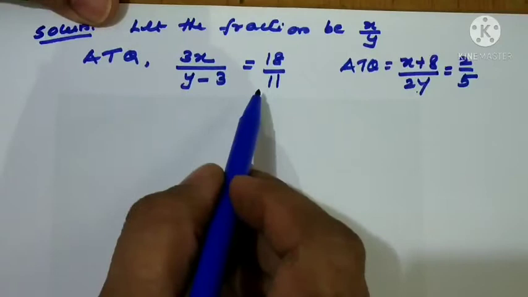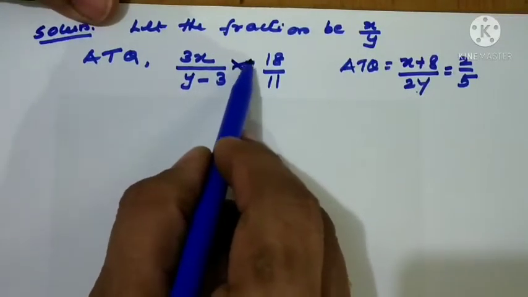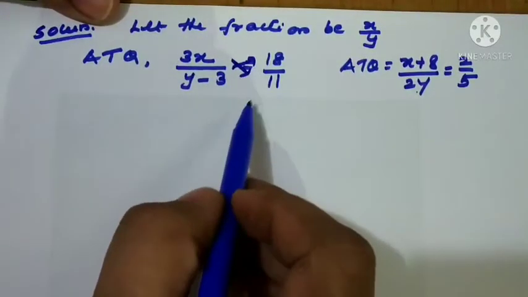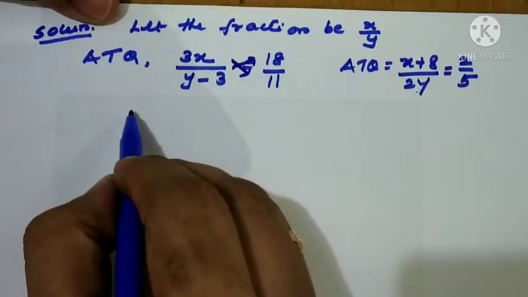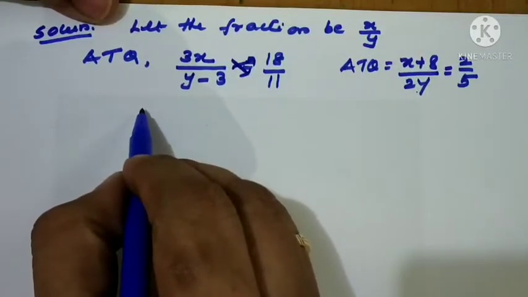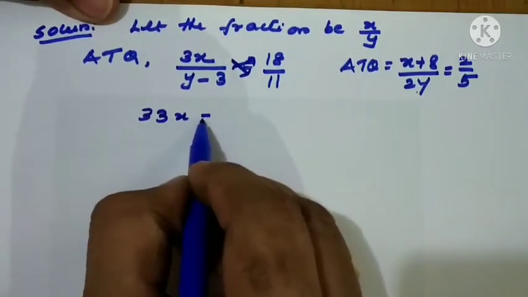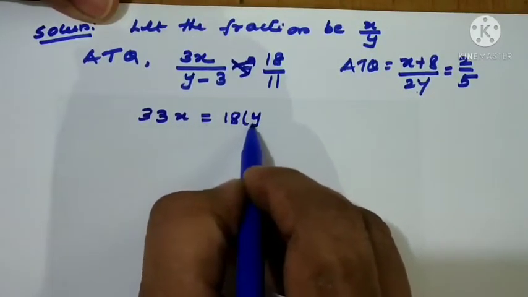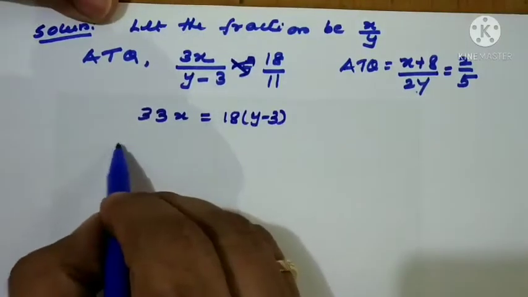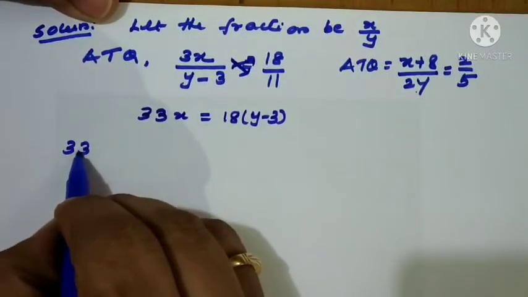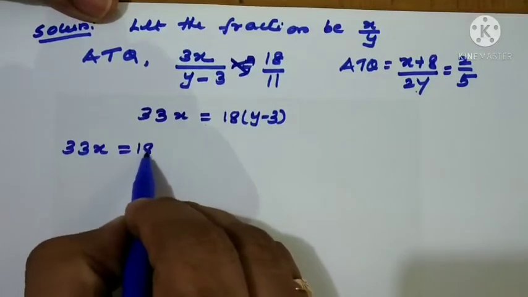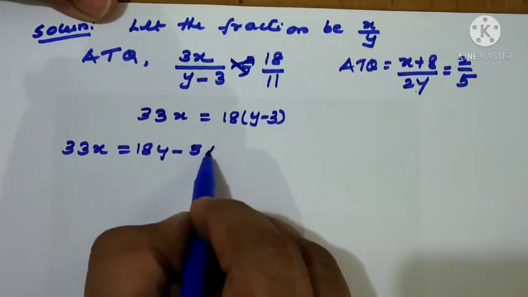So 3x into 11, cross multiplication method: 33x equal to 18 into y minus 3. That means on this side I'll write 33x equal to 18y minus 54.